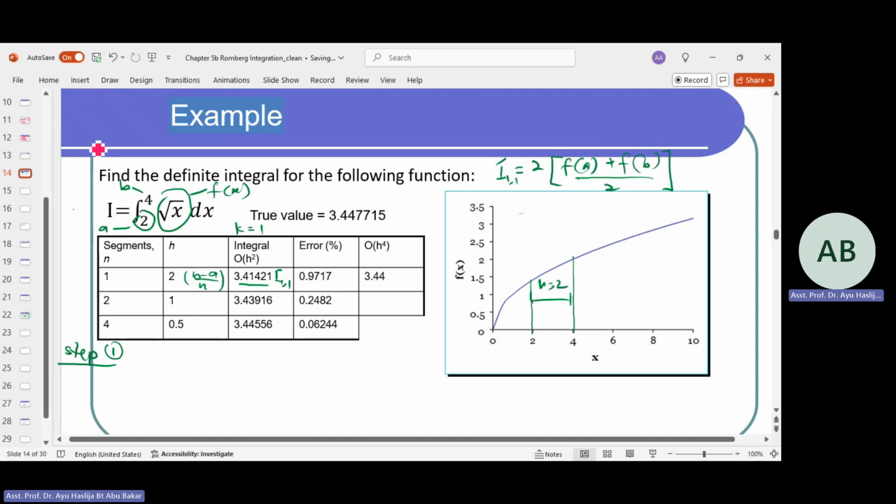Okay, first is simple. N equals 1. Straight away you substitute into the trapezoid equation. Don't do the rest yet, only the first segment first.